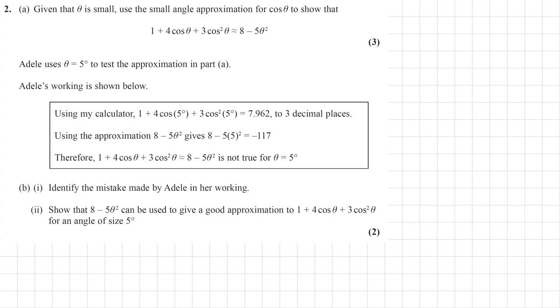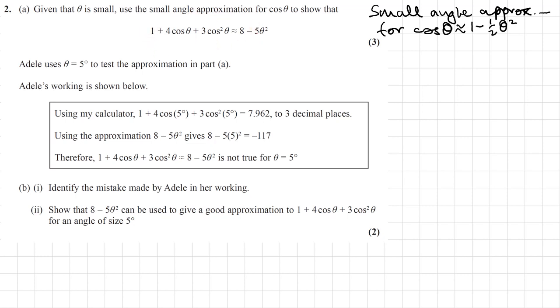So let's remind ourselves first of all what the small angle approximation for cos theta is, and that is, when theta is small, cos theta is approximately 1 minus a half theta squared. And we just substitute that into here.